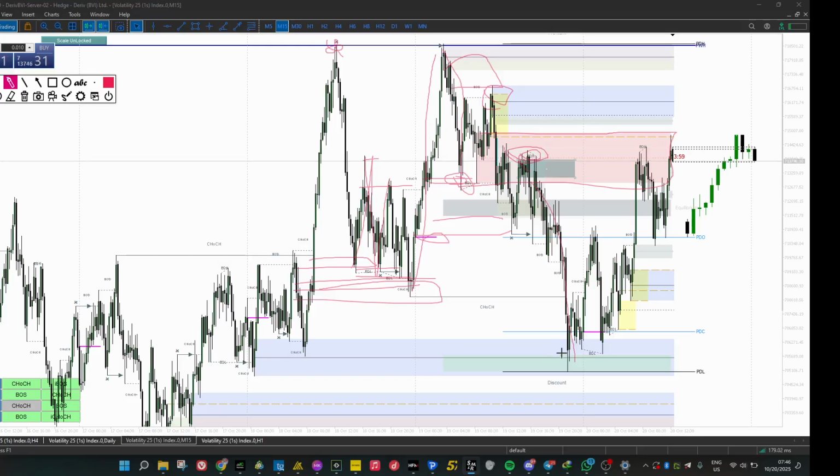Now we're buying from this 15-minute demand zone, and then this is the retest for Sunday. So it retested, came below the open, and this is what took us all the way up to here, where we are currently right now. So that is what I'm seeing on here. We could continue back up, or we could be respecting this breaker block right here, but that is the current price action that I'm seeing.